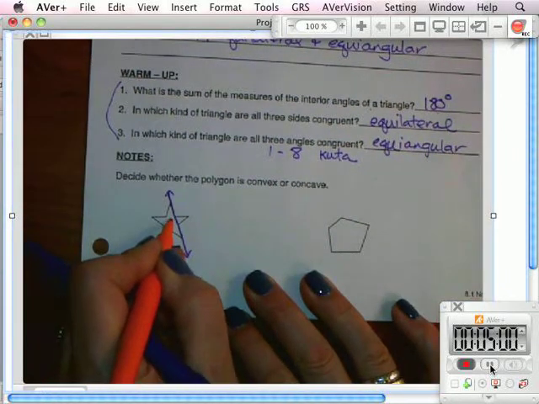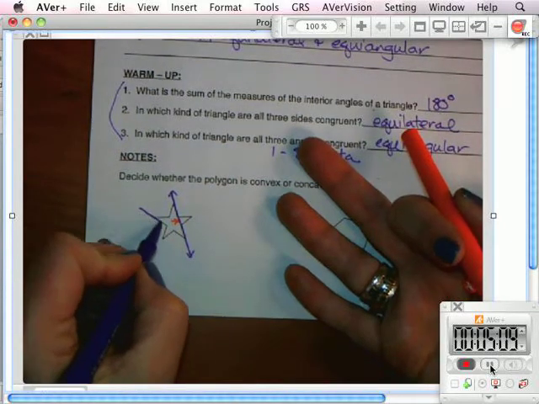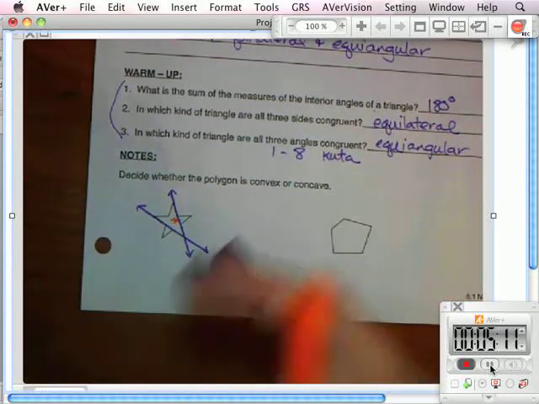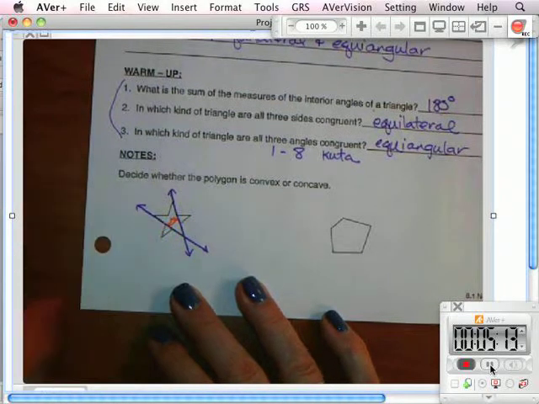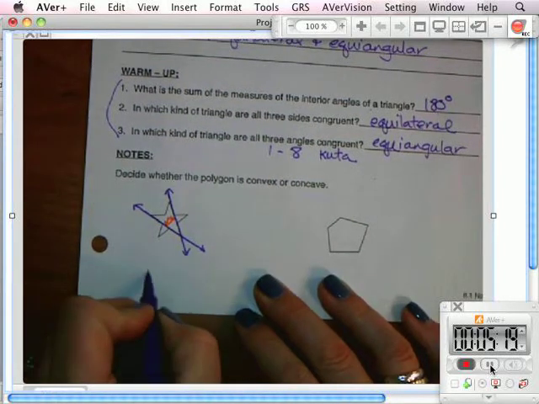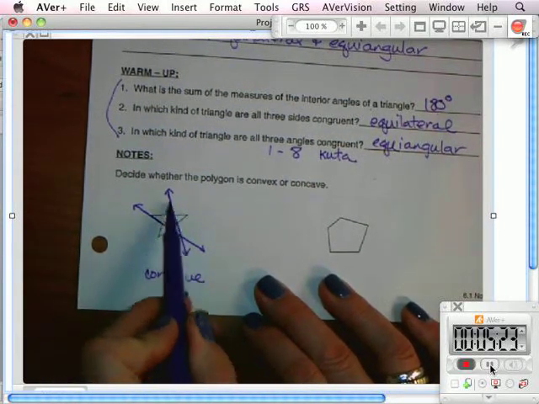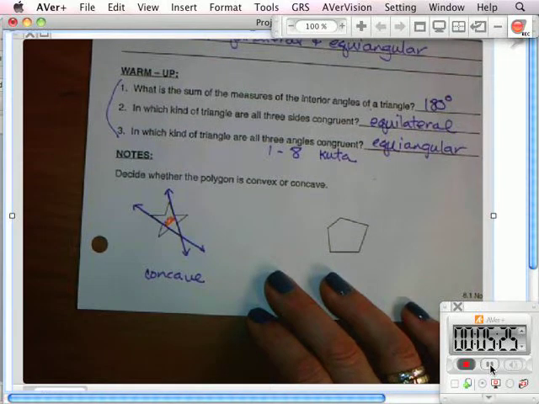The line goes through the interior of the polygon. So if I do it again over here, oh, look, it goes through the interior of the polygon. Therefore, it's not convex, but it's what? Concave. This is concave. Now, the other way you can look at it is the side sort of caves in. Cave in. It's another way to look at it.